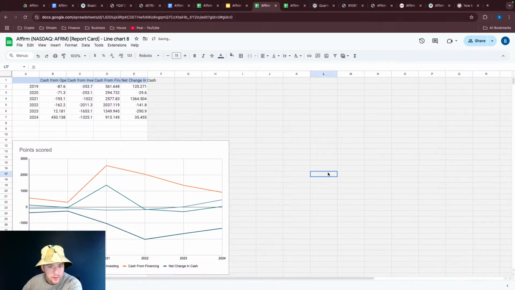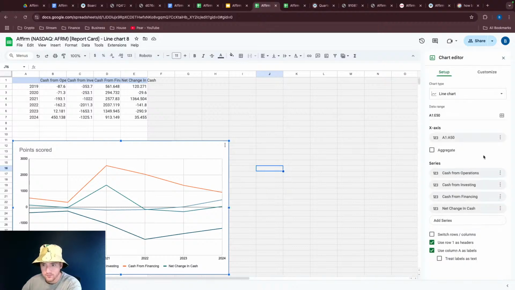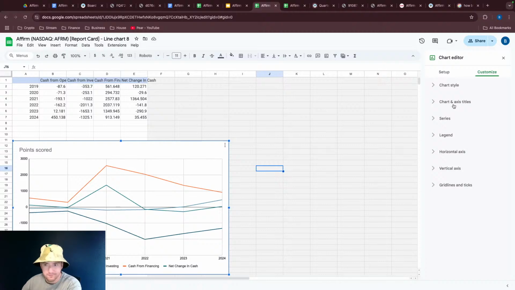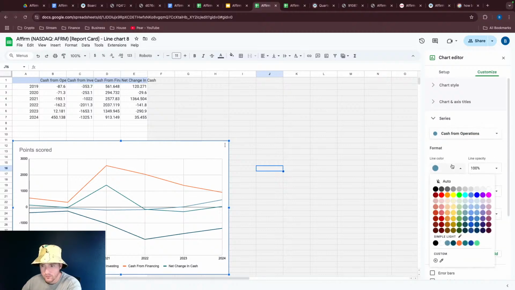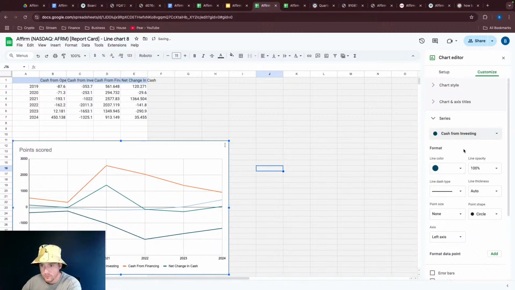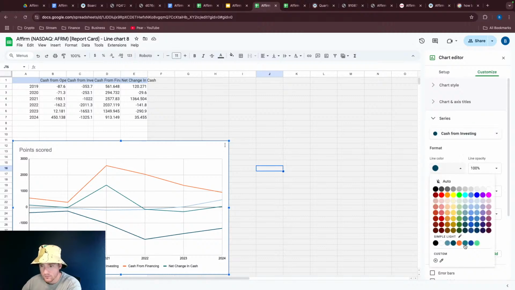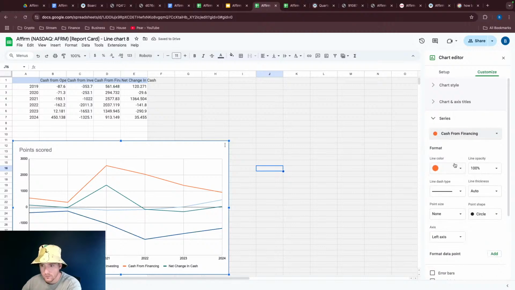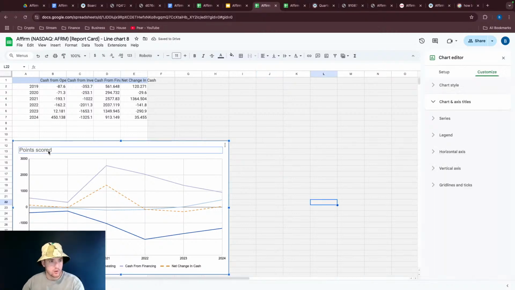Show axis line. The net, this will be dotted. We'll call this cash flow.